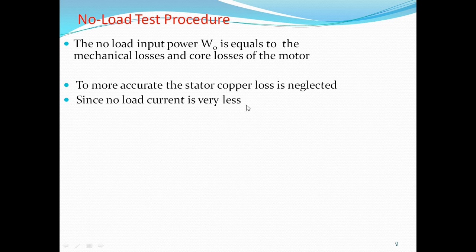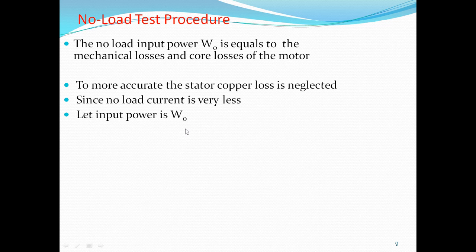So why are copper losses neglected? The no load current is very small, so the square of the current, that is I square R, is again very less. So the stator copper losses are neglected.